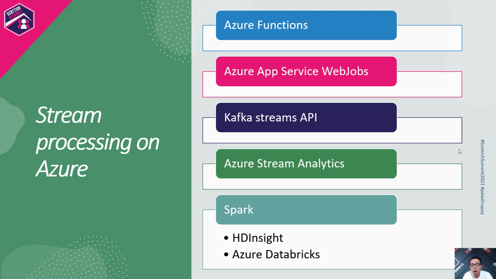Secondly, Azure PaaS has an offering on Azure App Service, which is Azure App Service WebJobs. We are probably all familiar with Hangfire, which is a .NET library on NuGet, and WebJobs work somewhat similar to a Hangfire job.